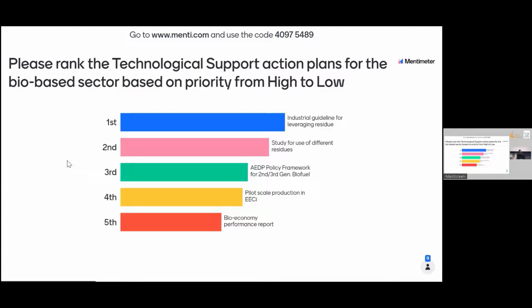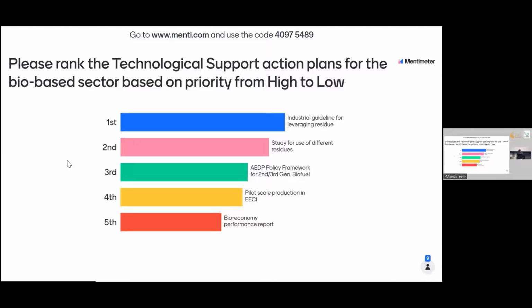Currently, there is an abundance of bio-based residues in Thailand. However, there's a gap in understanding how to leverage these residues or divert these residues to different industries. So that will be a key action plan in terms of creating guidelines for helping use these residues. Study, of course, the study for different residues.